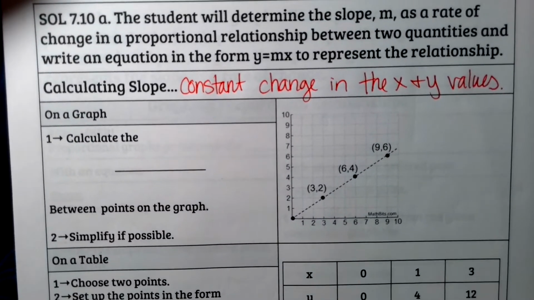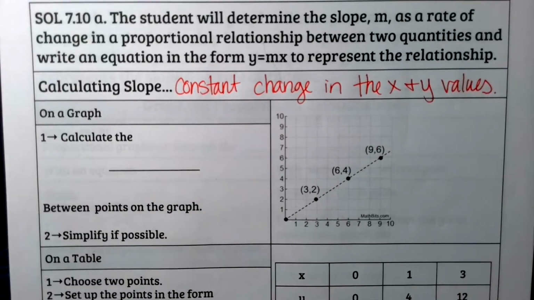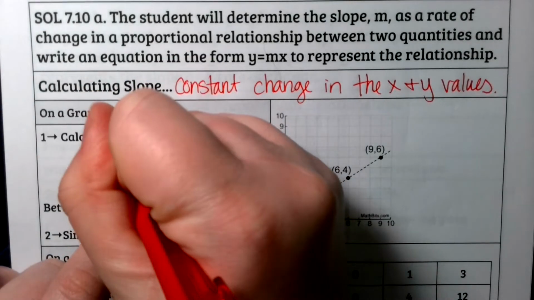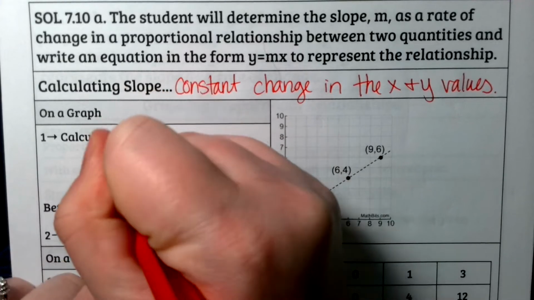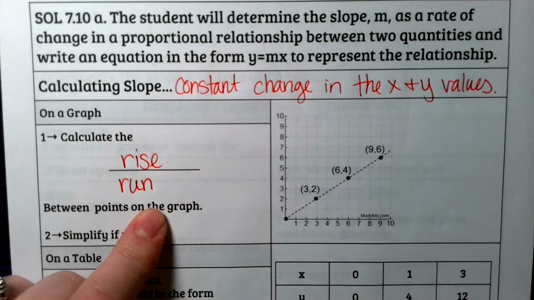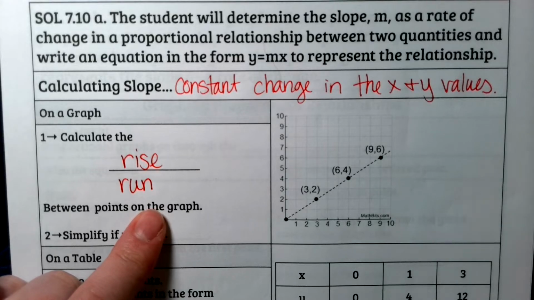So on a graph, if you ask somebody that you know who's in like algebra or 8th grade math, they'll hear you talk about slope and think about calculating the rise over the run. And that is exactly what it sounds like.